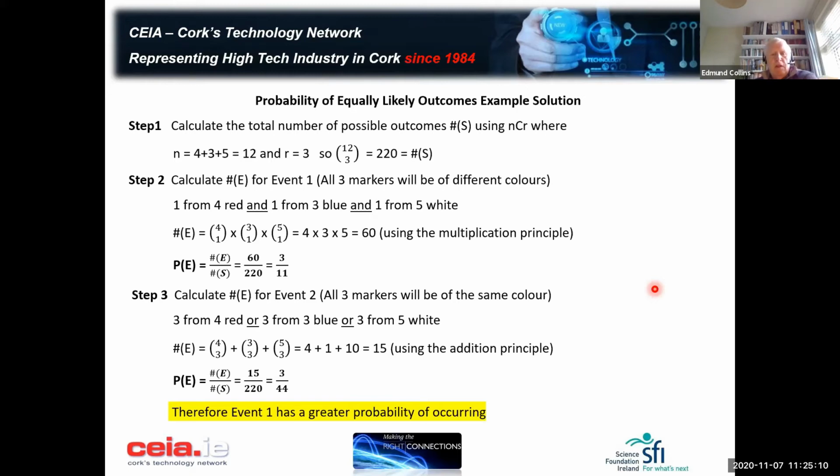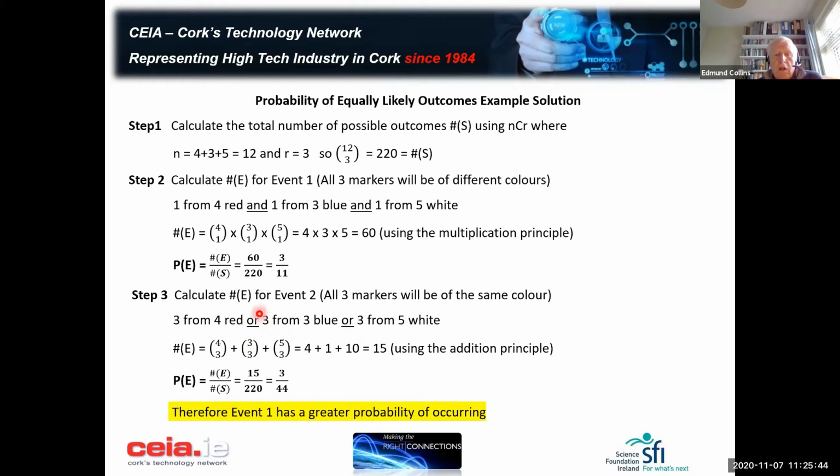So if we write down what the second event is, for event 2, all 3 markers will be of the same color. So in this case, the options would be 3 out of the 4 red, or 3 out of the 3 blue, or 3 from 5 white.